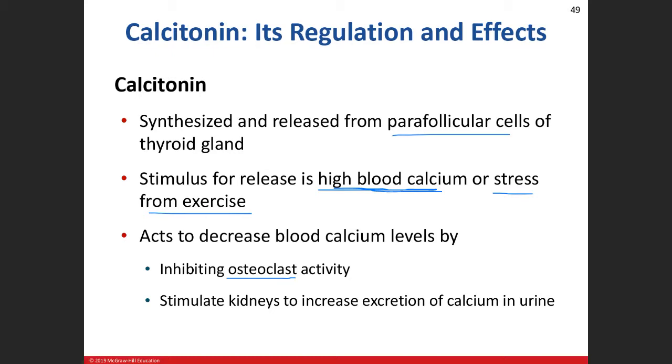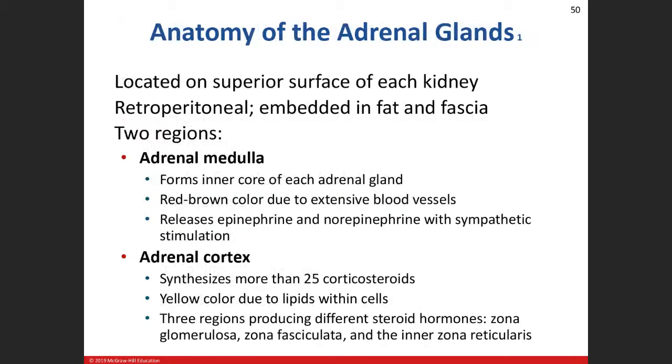So we stop them, then they can't break the bone matrix down. And at the same time, we tell the kidneys, yo, get rid of calcium. So the kidneys now are going to start peeing out calcium. As you know, the kidneys filter your blood. So as we're filtering the blood, we're going to filter out the calcium and you pee it out. Okay? That's calcitonin. All right.